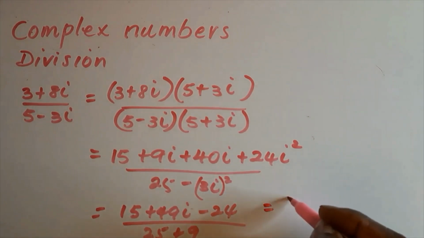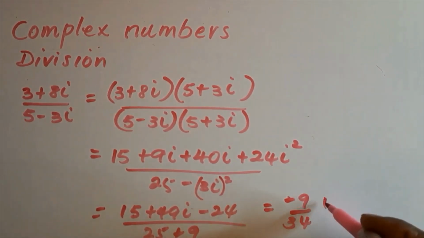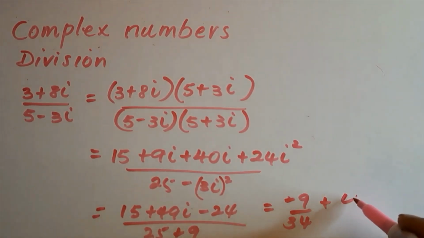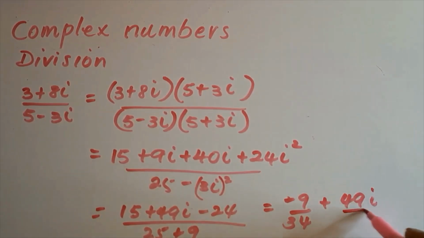Rewrite that. Minus 9 over 34 added to 49i over 34.